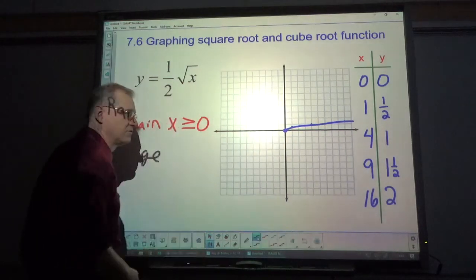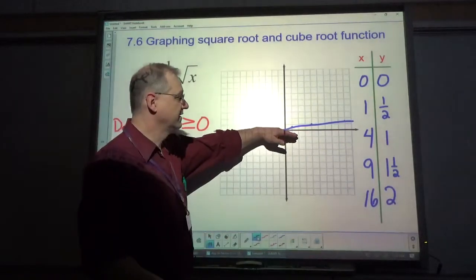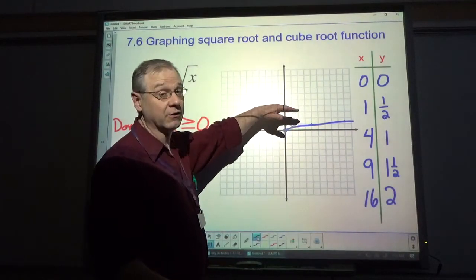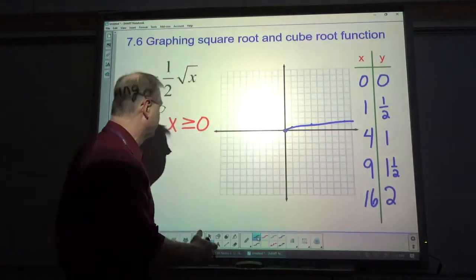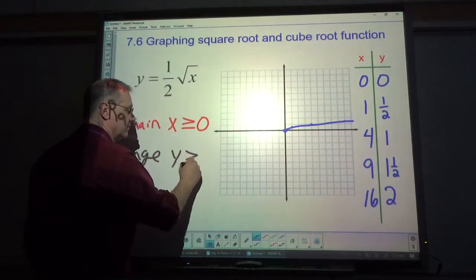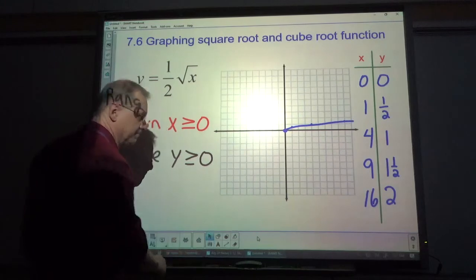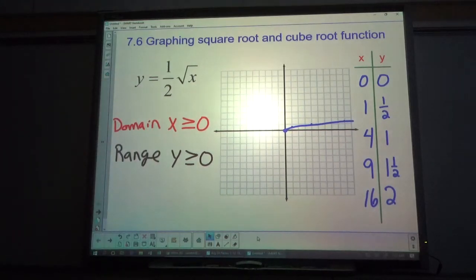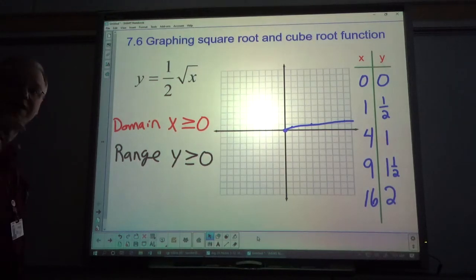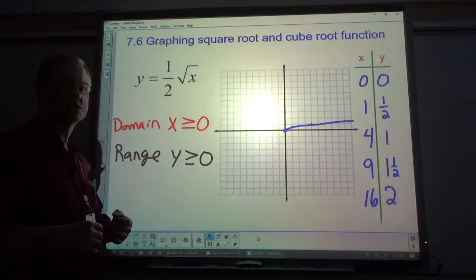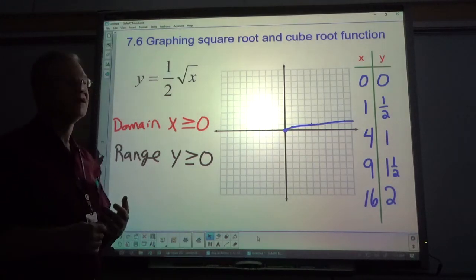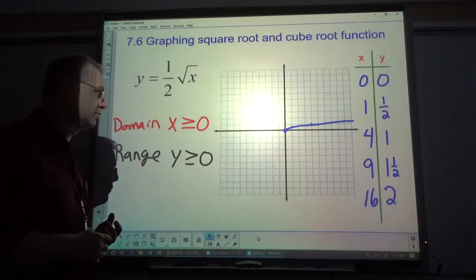Now the y values, on the other hand, start at 0 and they go up very slowly, but they do go up. So y is greater than or equal to 0 as well. All right, so now if we think about it, if we put 100 in for x, the square root of 100 is 10 times a half is only 5, but it's still going up. So even though it takes a long time to get there, it does gradually go up.